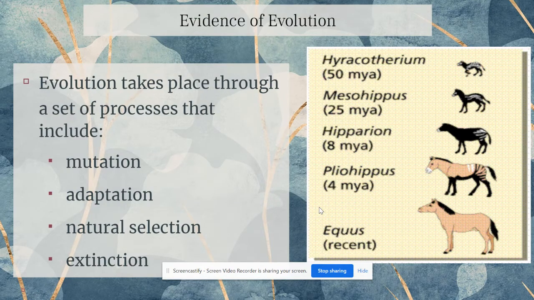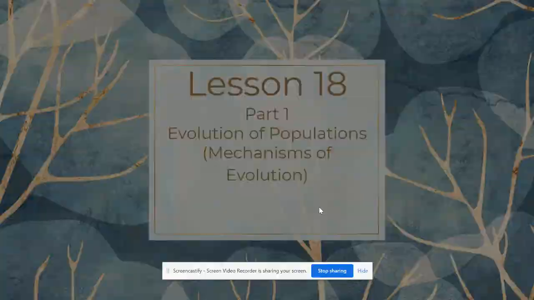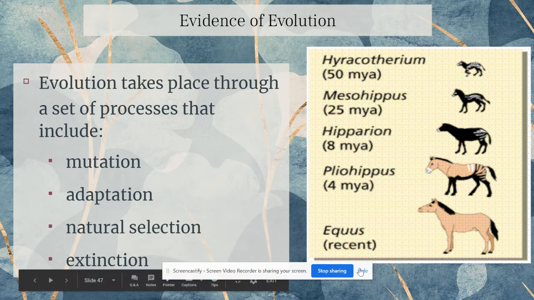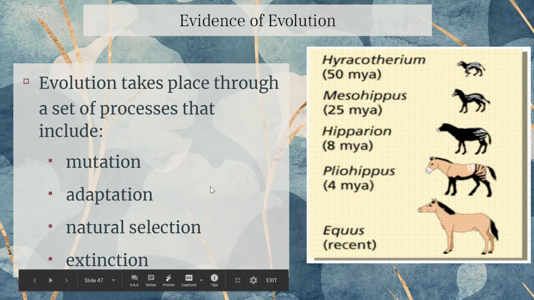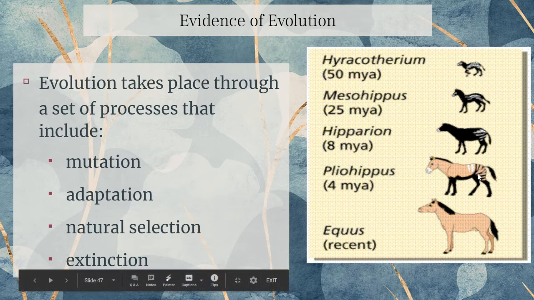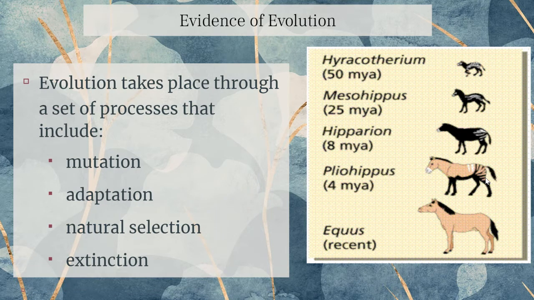So in this section on mechanisms of evolution, we're going to look a little bit closer at some of the evidence for evolution. We know that evolution takes place through a set of processes that includes mutation, adaptation, natural selection, and extinction. The picture you see over here is showing the change over time in our horse species.